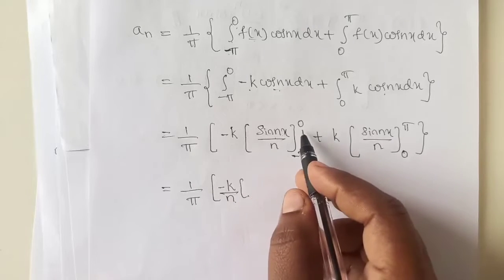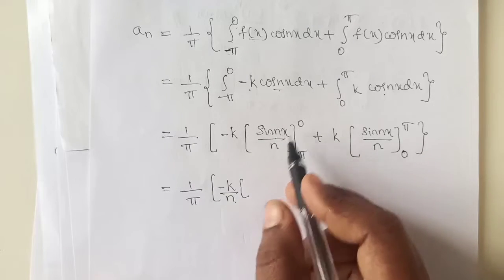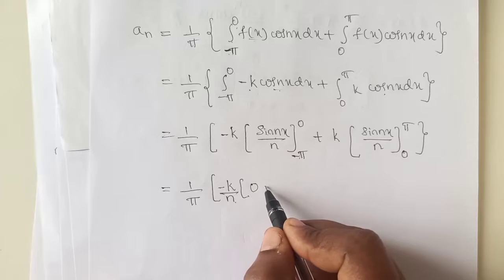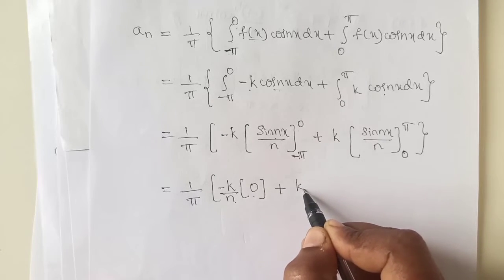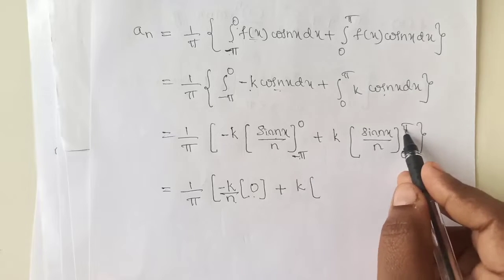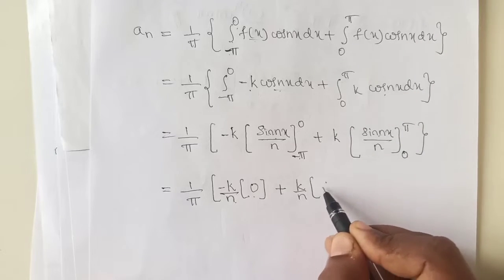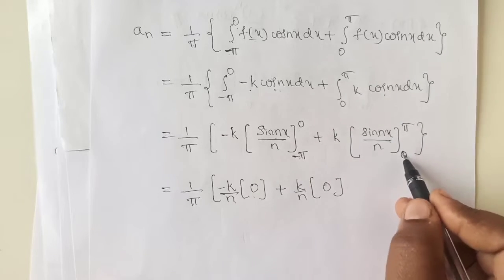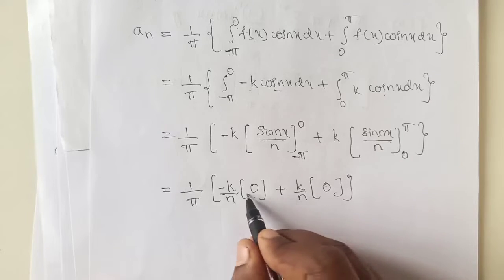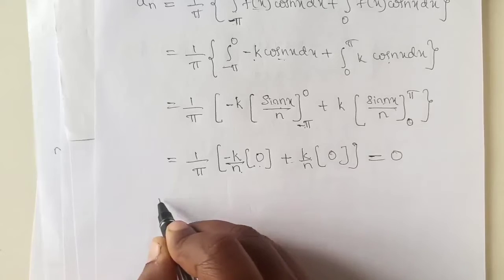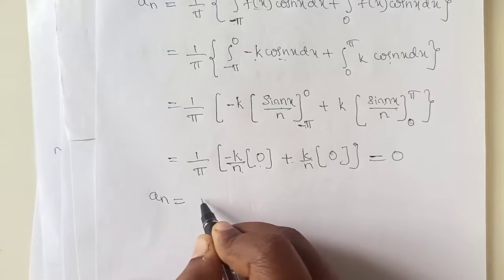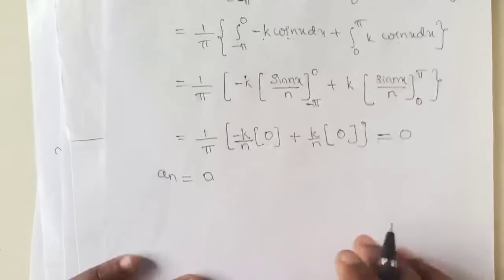Sin of 0 equals 0, sin of any n pi equals 0, therefore we get 0 plus k constant. Again sin of pi is equal to 0, sin of 0 equals 0. So totally we get k into anything equals 0, therefore it becomes 0. So an value is also equal to 0, right?